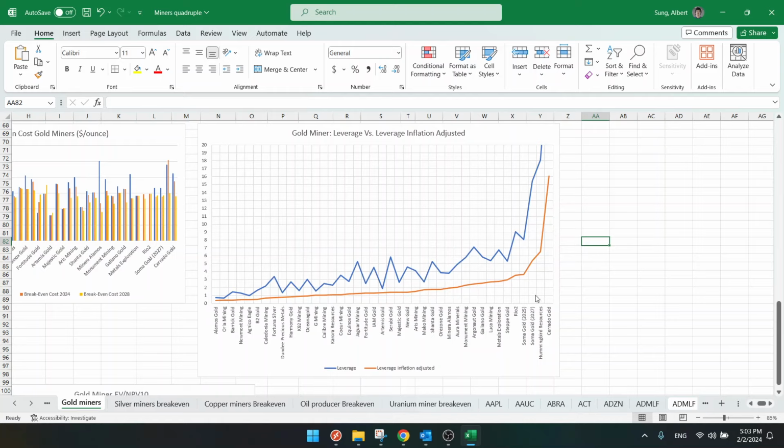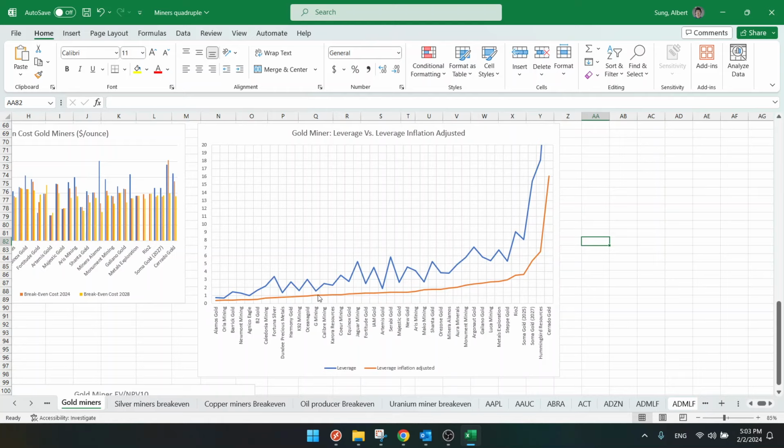And here you can see that for some of these companies, like Serabi Gold, they have high leverage, but inflation adjusted, that leverage drops very low then, because they are high cost mines. High cost mines have low margin, and the all-in sustaining cost will go up more than the low cost mines.